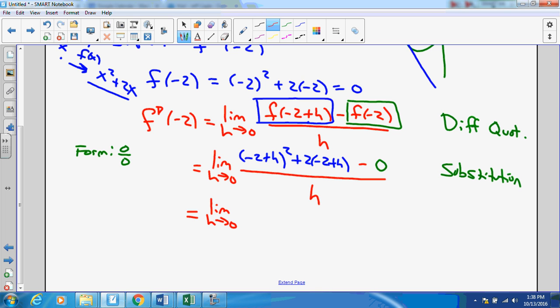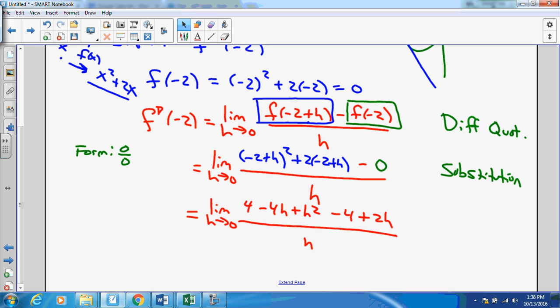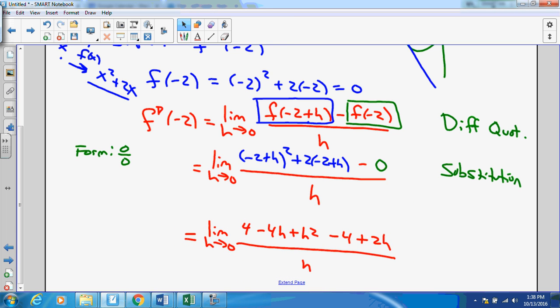And so it's a simple matter of evaluating. What is quantity negative 2 plus h squared? 4 minus 4h plus h squared. You got it. And then we distribute minus 4 plus 2h. And all of that is divided by h. It's all a little crowded, so we'll pull that down so you can see it. Now, we've got a lot of different terms here. We need to group them effectively.